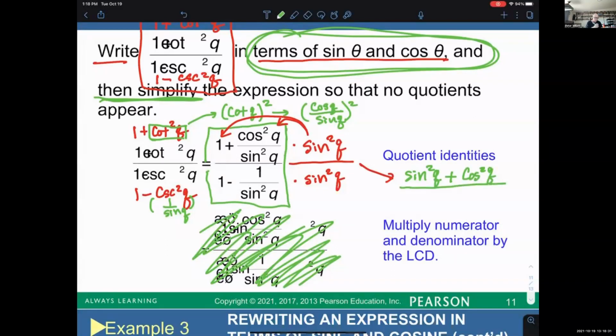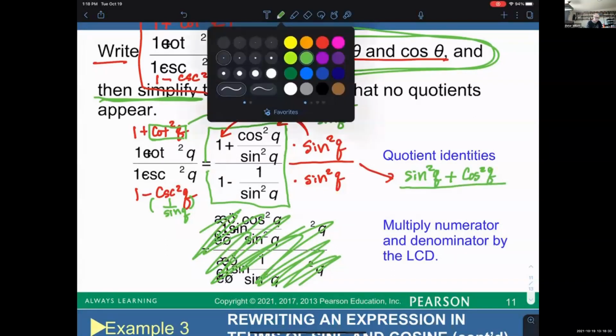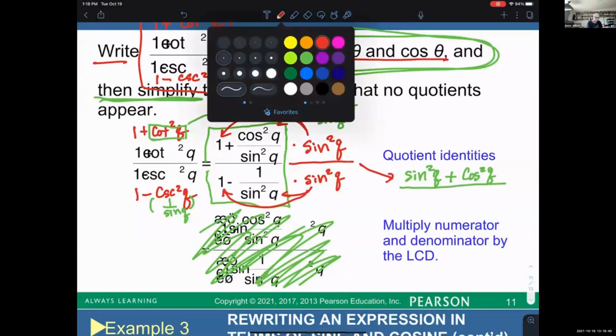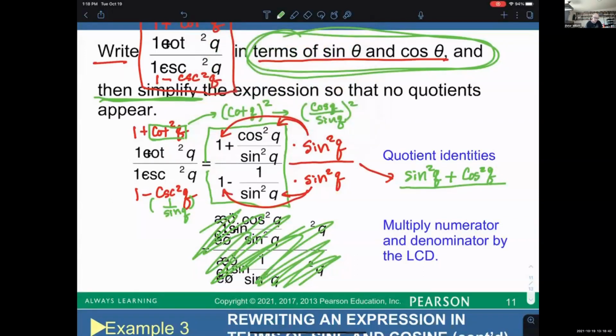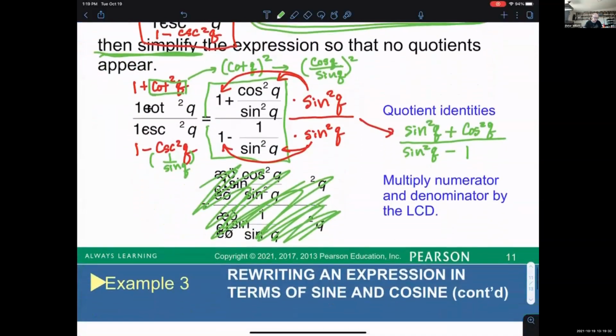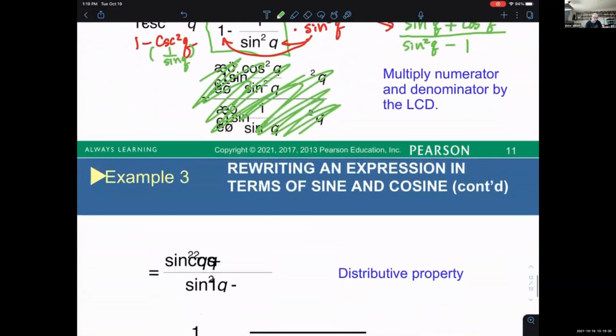Then similarly on the bottom, I'm distributing the sine squared to the fraction on the right and also to the 1 on the left. Sine squared times 1 is again sine squared. This time they're separated by a minus, and sine squared times 1 over sine squared would just give you 1. Darn algebra. All right, so moving on, I think that's what they're saying we should have left here.